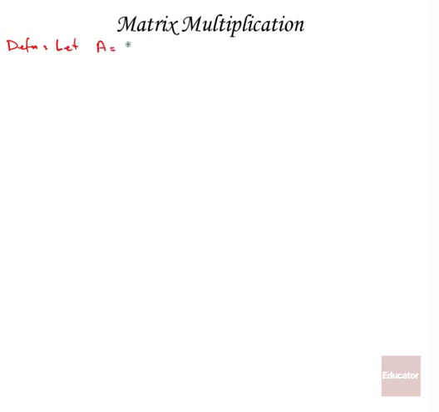We will let A equal the matrix A sub ij, m by p. So this is an m by p, maybe 3 by 2. Let B be the ijth B, p by n. So A is m by p, B is p by n. Notice that the number of columns of the matrix A is equal to the number of rows of matrix B. That's going to be very, very important.